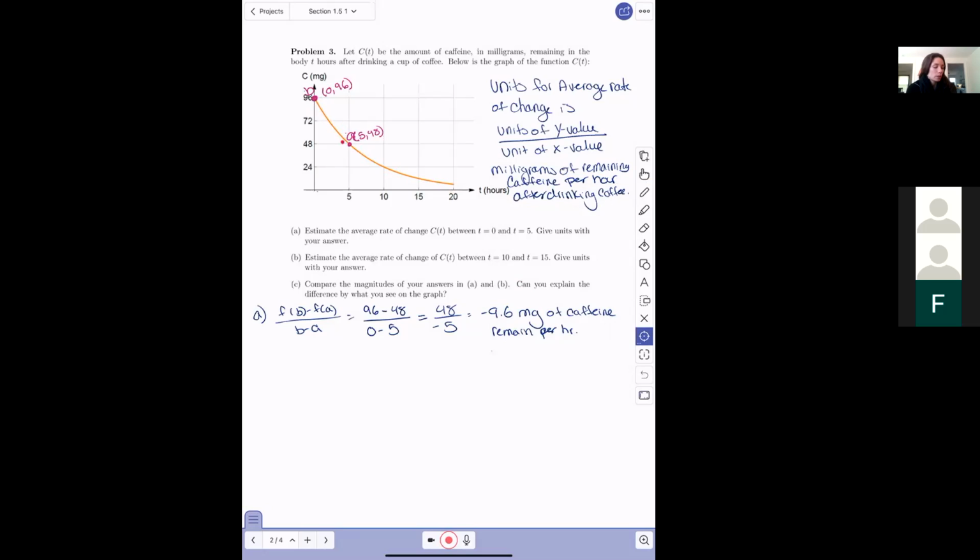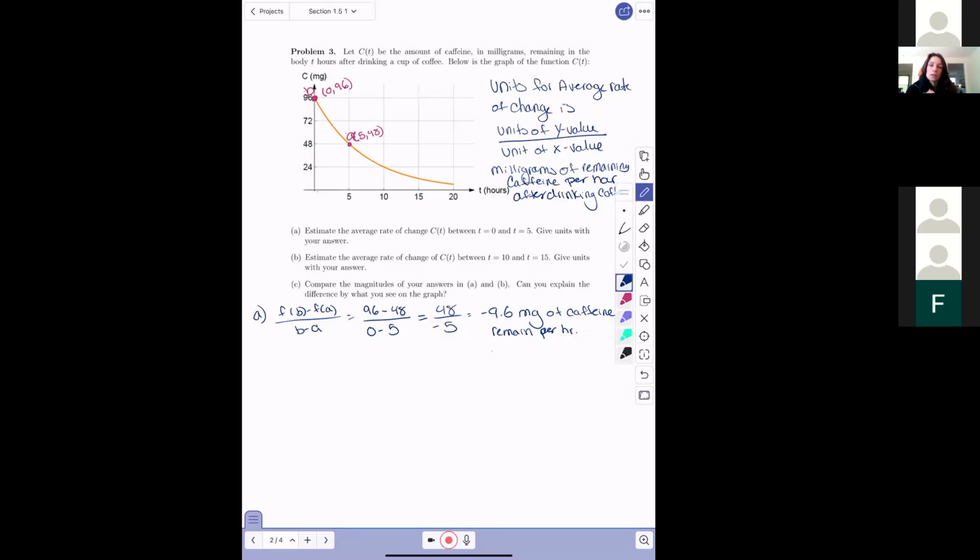But here we lose more caffeine per hour than we lose here per hour. Right, and you're going to see that in a minute. But it's important to know when you're writing your units, so milligrams of caffeine remaining per hour, you don't have to specify it, but I just want to make sure that you know that it means only on this interval.